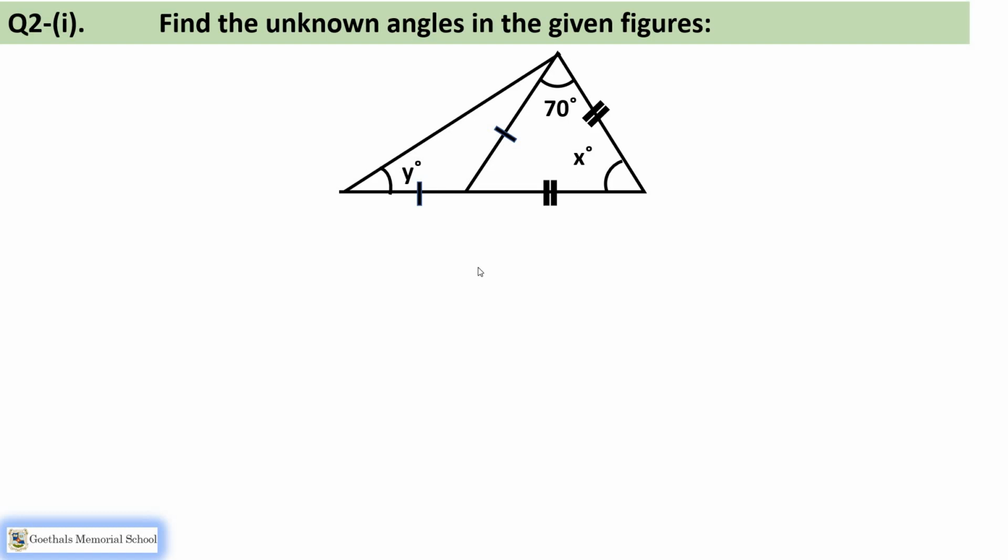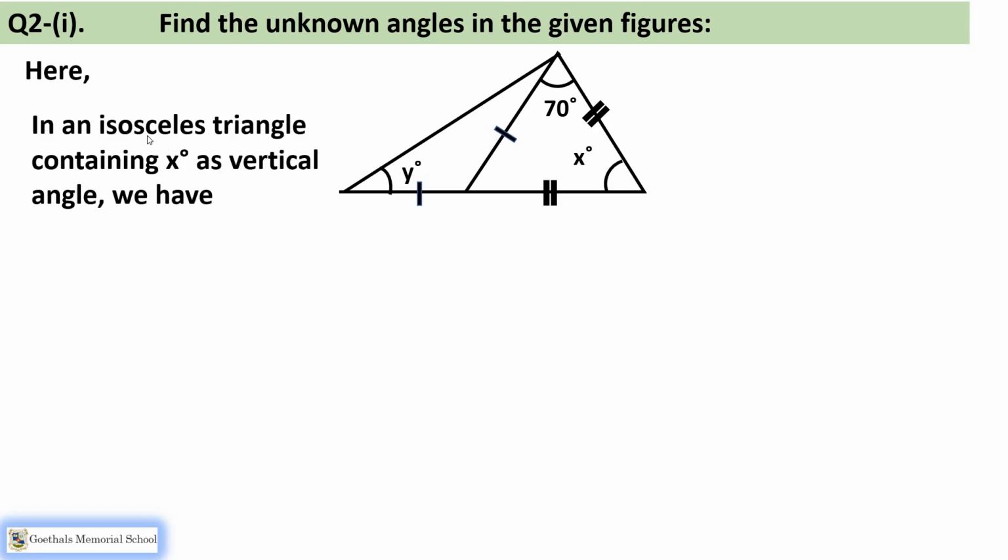So let's use the properties of an isosceles triangle. Here, in an isosceles triangle containing x degree as the vertical angle, we have x degree plus 70, this is a base angle, so this will also be 70, because this is an isosceles triangle, equal to 180 degree, or x degree plus 140, 70 plus 70 is 140.